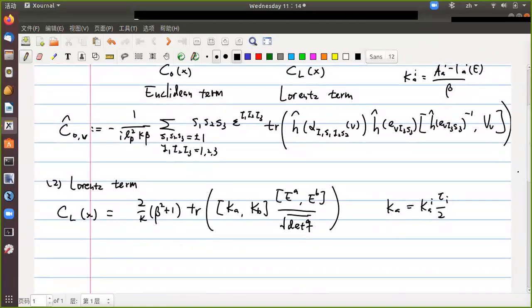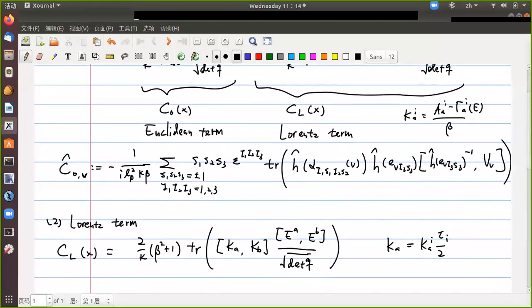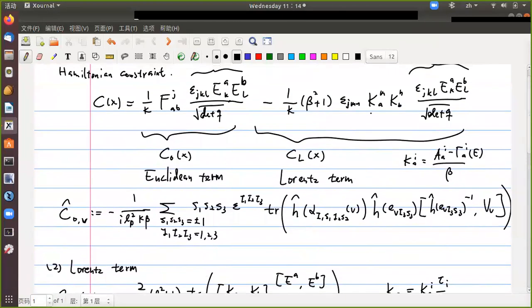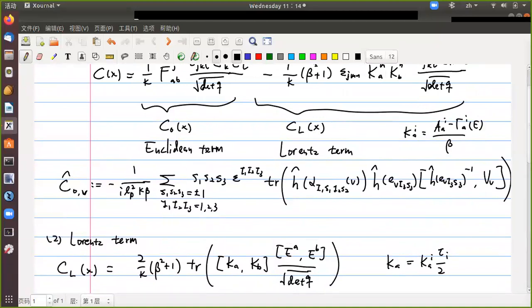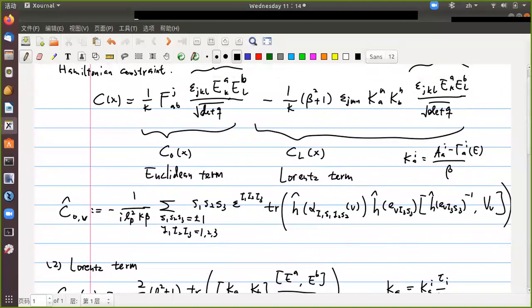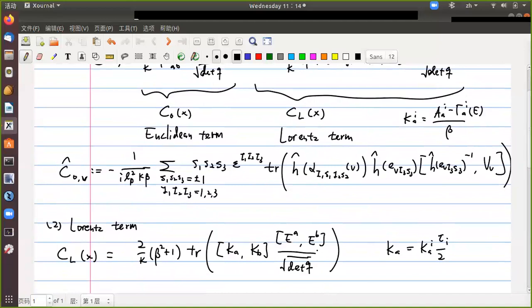Right. All right. So you can see that what we have done is just to replace this epsilon K K factor by a commutator between K and K, and this epsilon E E by the commutator between E and E. Okay. So these commutators are all with respect to the Lie algebra, so they are commutators of 2 by 2 matrices, and the trace is also with respect to the SU(2) Lie algebra, or 2 by 2 matrices.